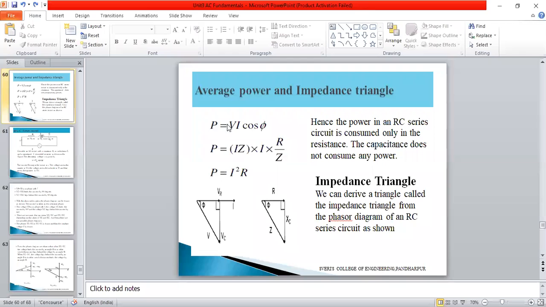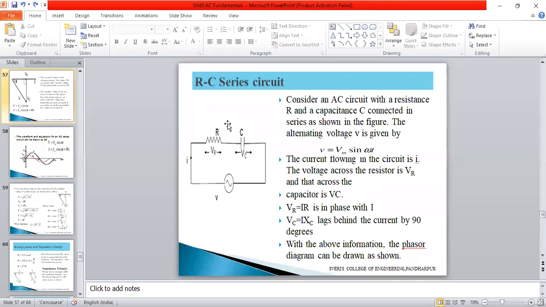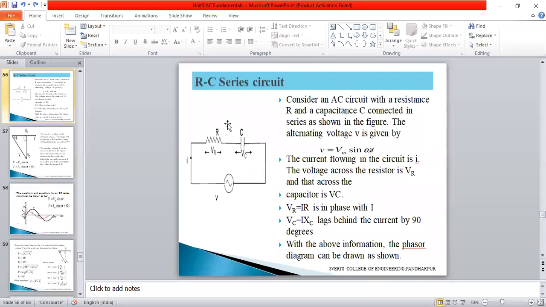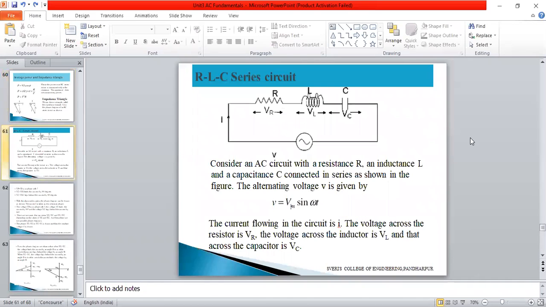So what is the current equation for the RL circuit? Can anyone tell the answer? I is equal to Im sin(omega t plus phi).